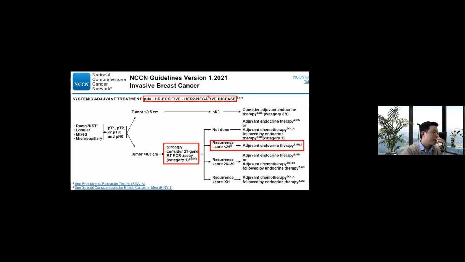Based on that study, this is the NCCN guideline. You can see for N0, hormone receptor positive, HER2 negative disease, this gene panel, the Oncotype DX, is suggested, and if the recurrence score is less than 26, so it's mid-range, then endocrine therapy is suggested.